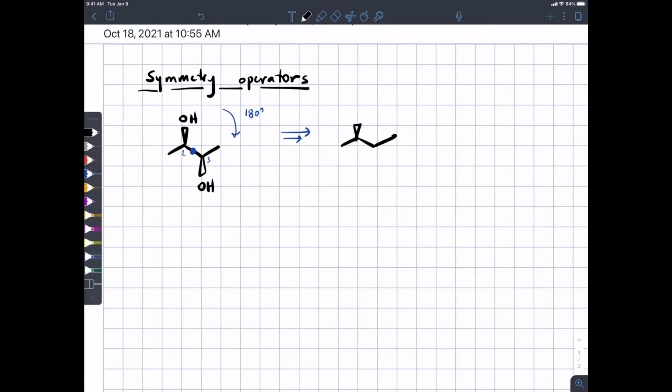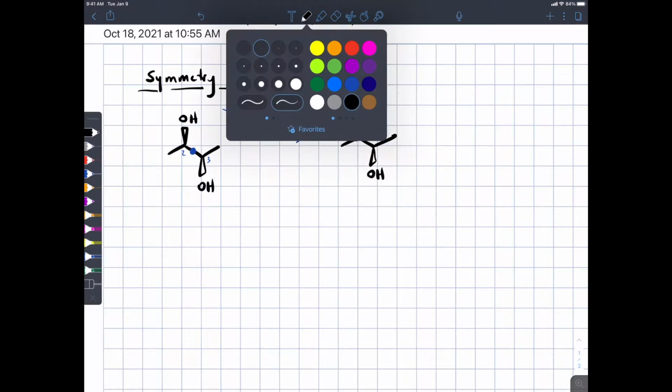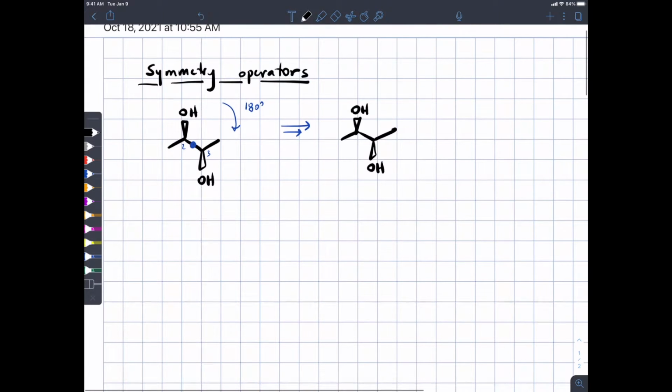That's called an axis of symmetry. And because you rotate 180 degrees, that's called a C2 axis of symmetry. You get that by taking the angle of rotation and dividing 360 by that angle. And then that's your fold rotational symmetry.